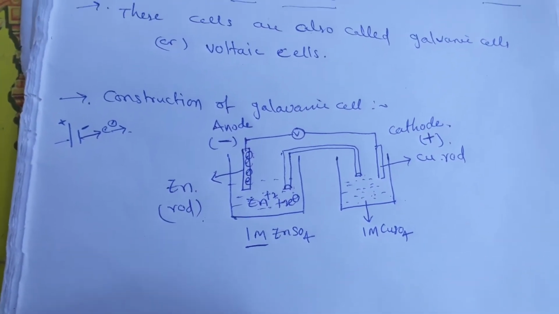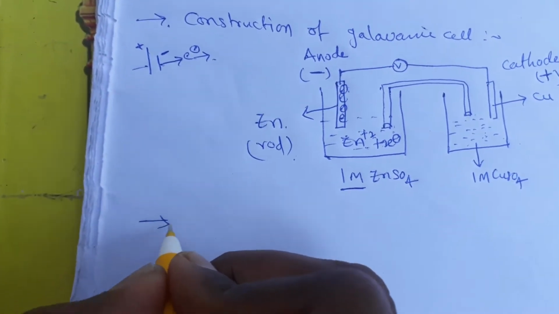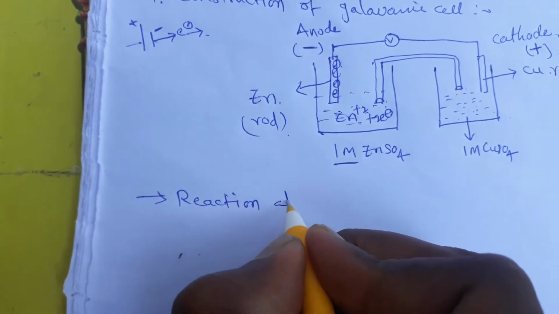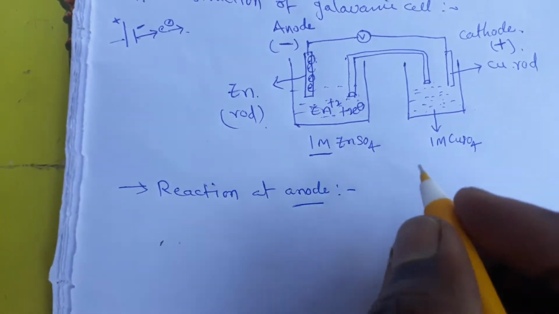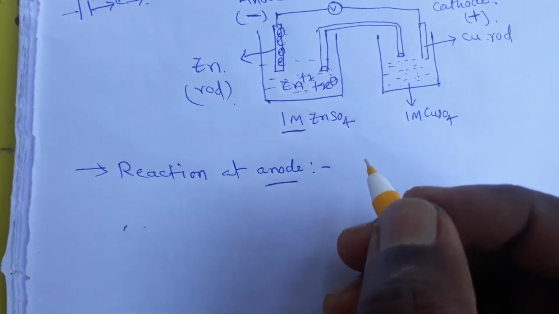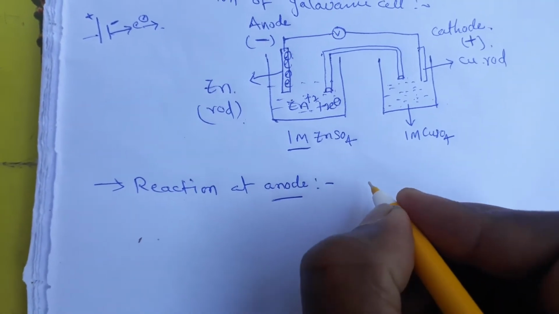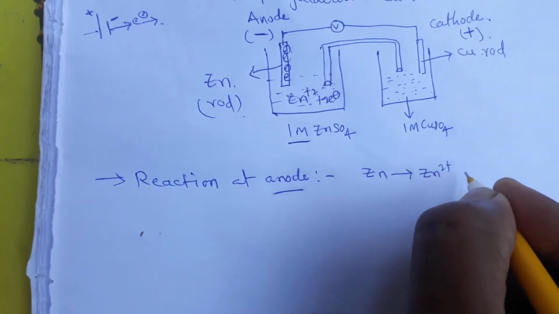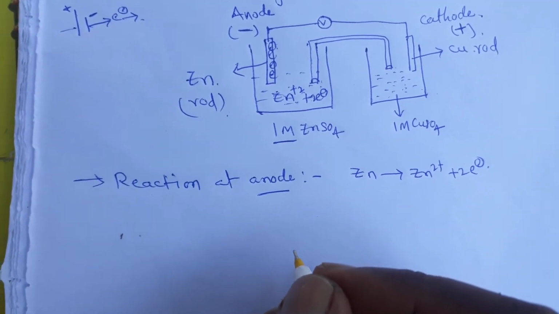So if you write the two reactions, first the reaction at the anode. What will happen at the anode? Here is the negative sign, but the anode is oxidation. So zinc is going to become zinc 2+ plus 2 electrons.